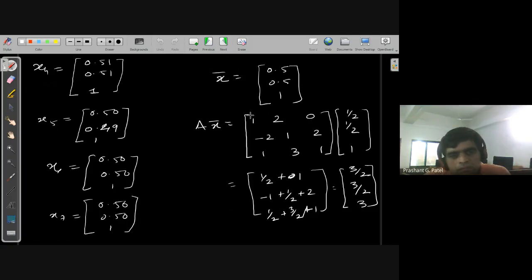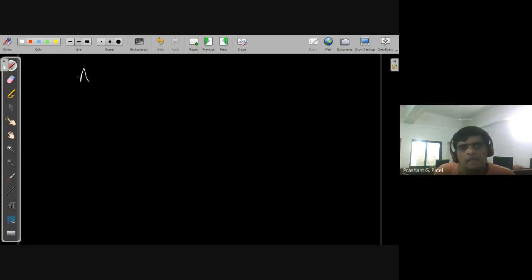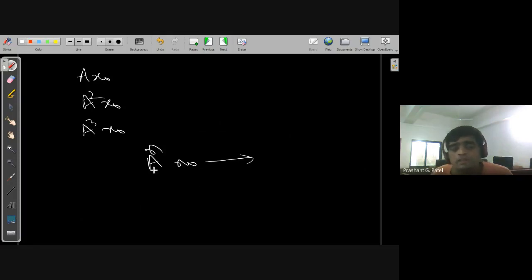There is a theorem, known as the convergence of the power method. Why is it called the power method? When you iteratively apply A to x0, then A squared x0, then A cubed x0, this will always converge to the eigenvector of the matrix.